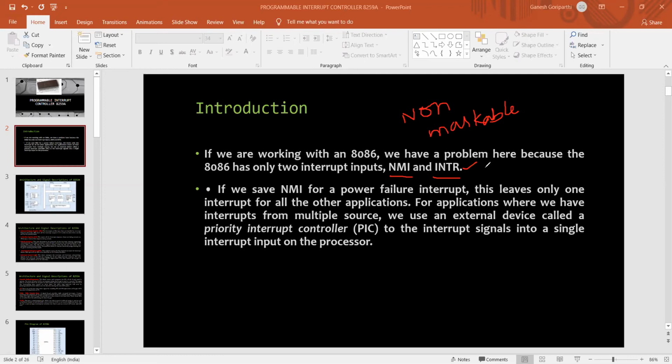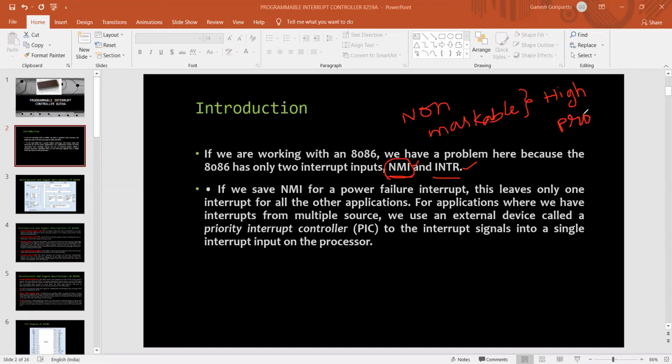That means we have only two interrupt signals. Out of the two interrupt input signals to 8086, this particular NMI, which is non-maskable interrupt, will have the highest priority. That means the interrupt signal that is connected to this particular input will have the highest priority, that is, it is processed first by the 8086.